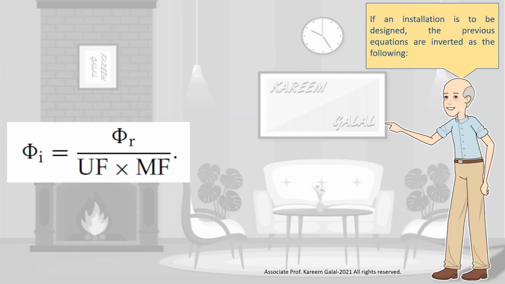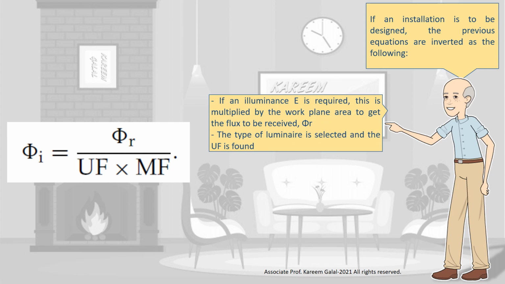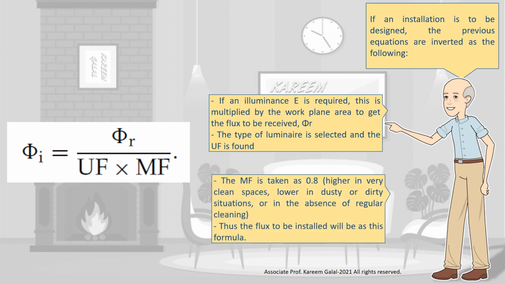If an installation is to be designed, the previous equations are inverted as the following. If an illuminance E is required, this is multiplied by the work plane area to get the flux to be received, phi r. The type of luminaire is selected and the UF is found. The MF is taken as 0.8, higher in very clean spaces, lower in dusty or dirty situations, or in the absence of regular cleaning.